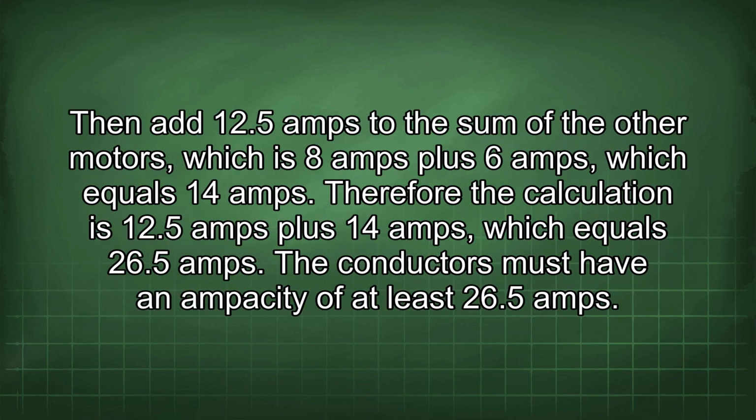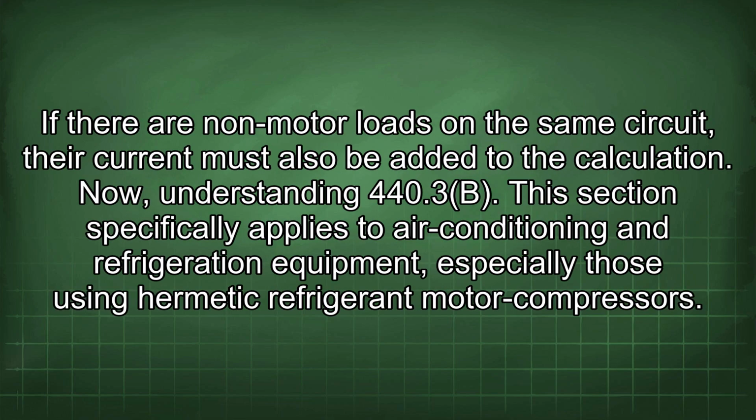Then add 12.5 amps to the sum of the other motors, which is 8 amps plus 6 amps, which equals 14 amps. Therefore, the calculation is 12.5 amps plus 14 amps, which equals 26.5 amps. The conductors must have an ampacity of at least 26.5 amps. If there are non-motor loads on the same circuit, their current must also be added to the calculation.